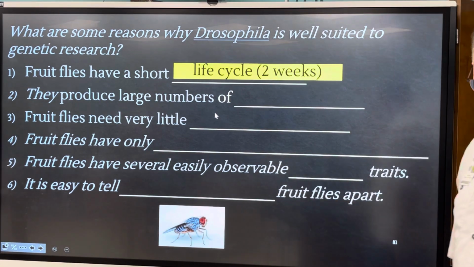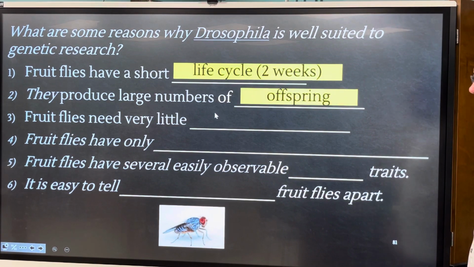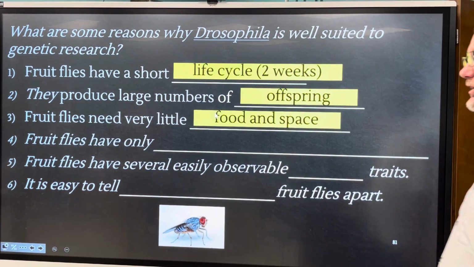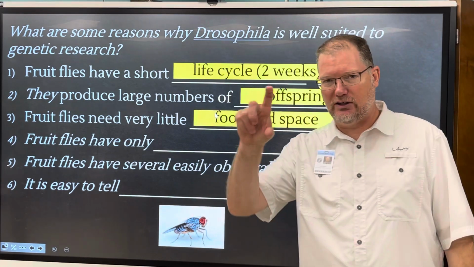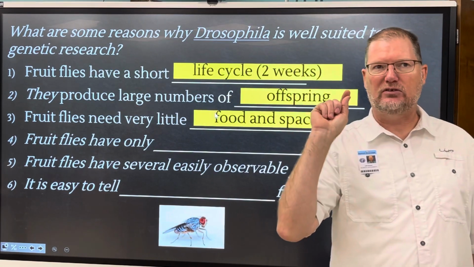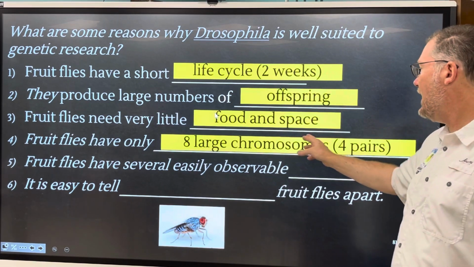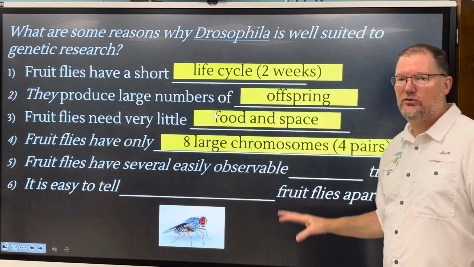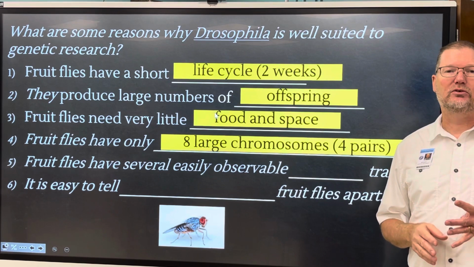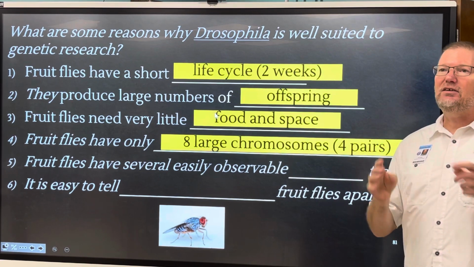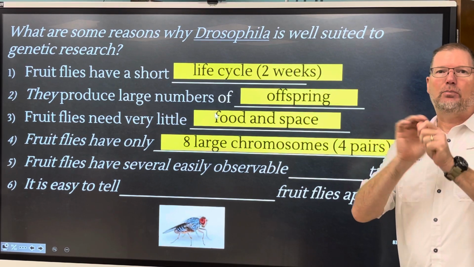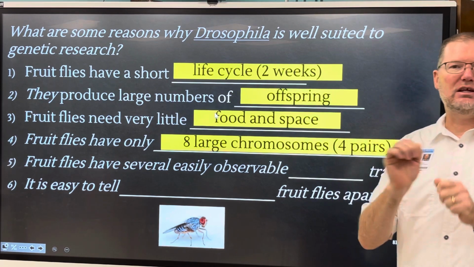They produce large numbers of offspring. Fruit flies need very little food and space. They can grow in a little container like this. They just need some sugar water, pretty much. They only have 8 chromosomes, 4 pairs of chromosomes. So it's kind of easy to separate them out and see which genes are doing what.